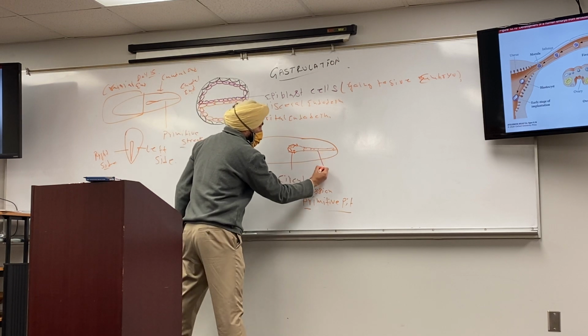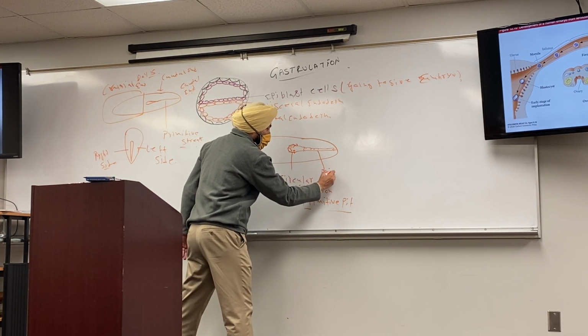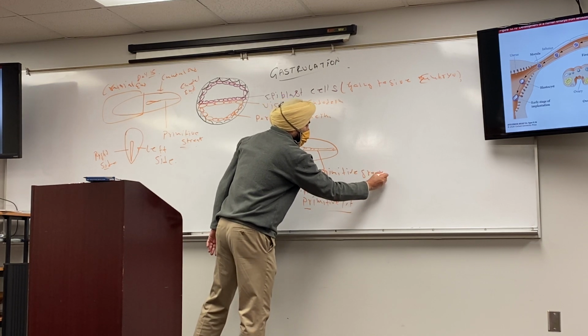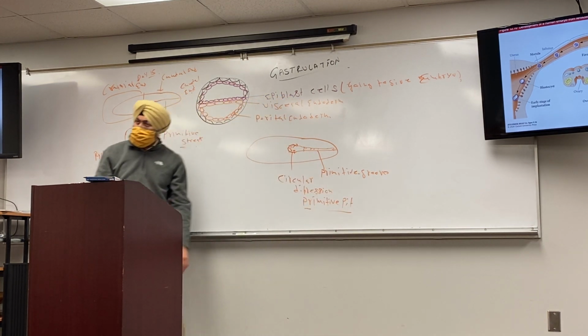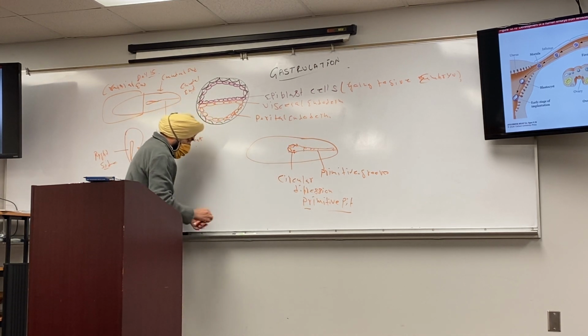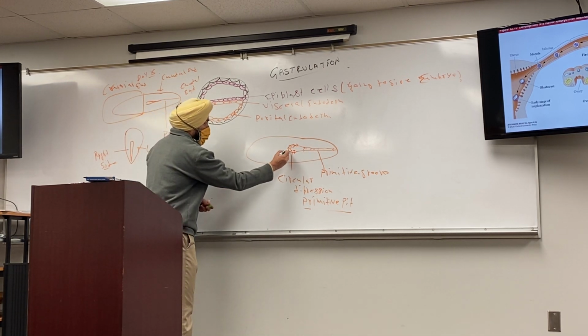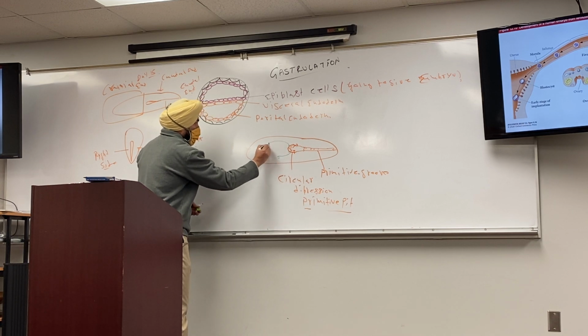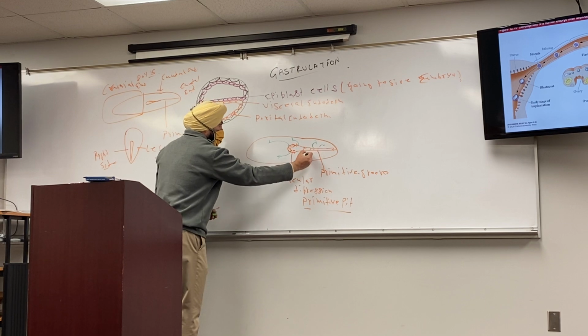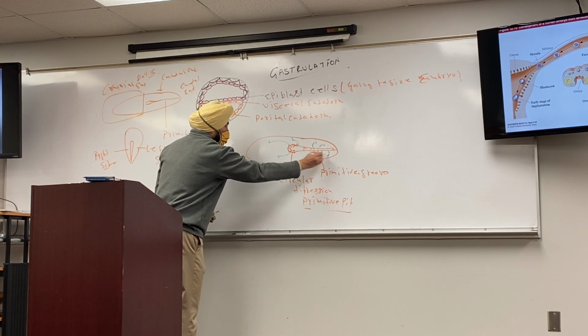And that is called the primitive groove. Okay? Now cells from here are moving inside, cells are moving here, cells are moving here, cells are moving here. So cells are going down under.